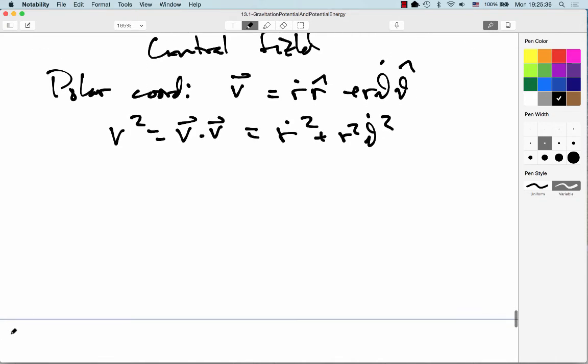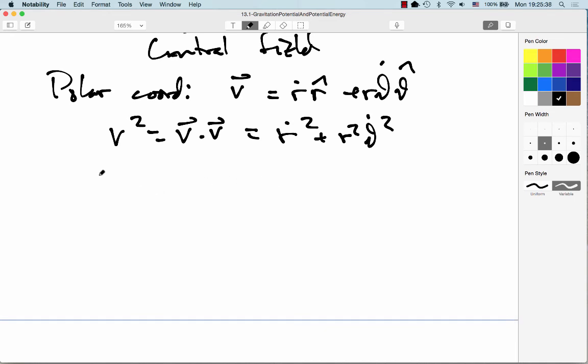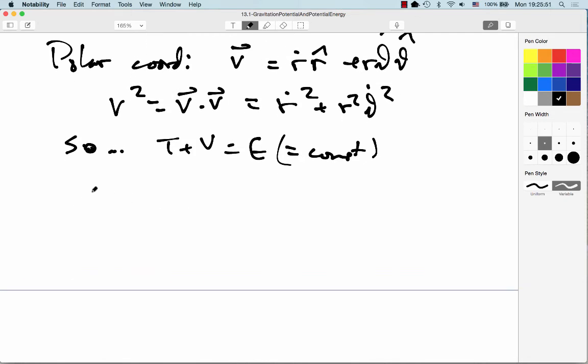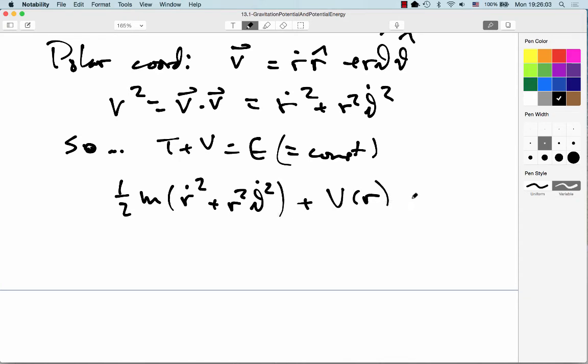All right. Well, remember that the total mechanical energy has to be a constant. So T will be 1/2 m v squared, which we just worked out as r dot squared plus r squared theta dot squared. This will have to be plus V of r, and that has to equal our constant E.